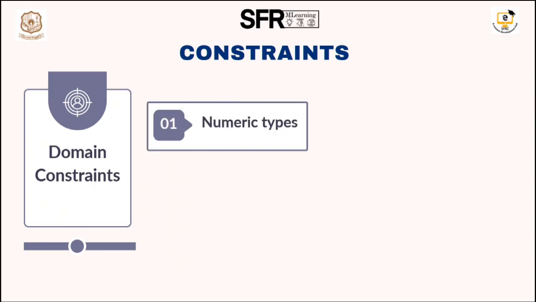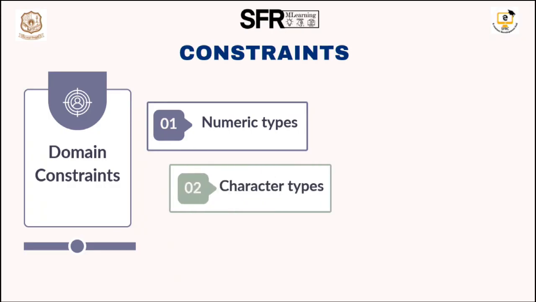First one is numeric types. This includes integers for whole numbers and real numbers, that is float, double precision for decimal values, allowing precise calculation. Second one is the character types, consisting of fixed length, that is char, and variable length, that is varchar, and text strings for storing text data of various sizes.